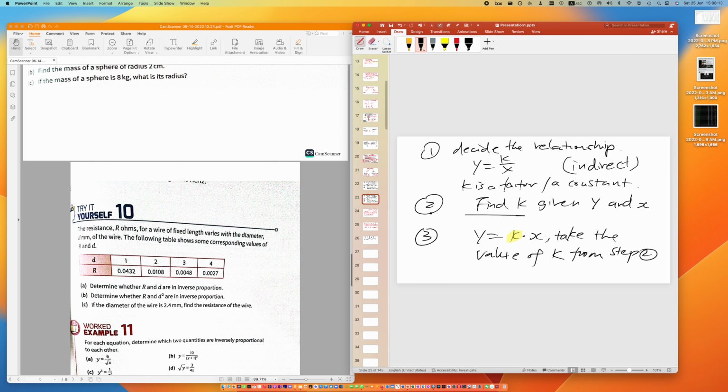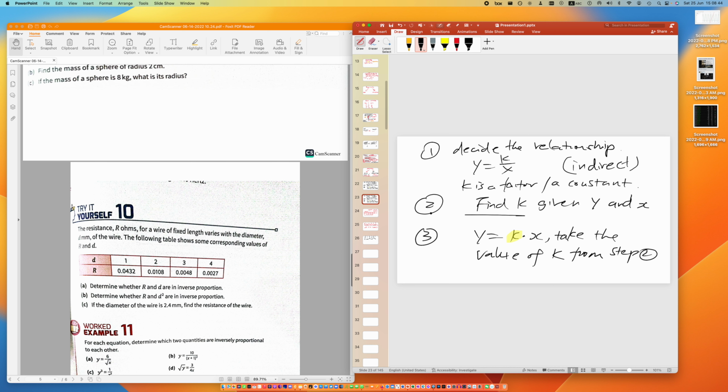Do you think R comes first or D comes first? How do you decide which one comes first? You read the question. The resistance R for a fixed length varies with the diameter. So which one comes first? R. Yes.